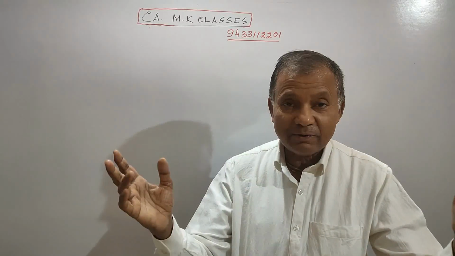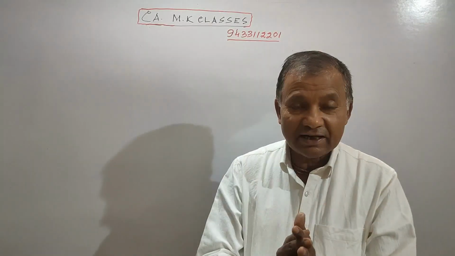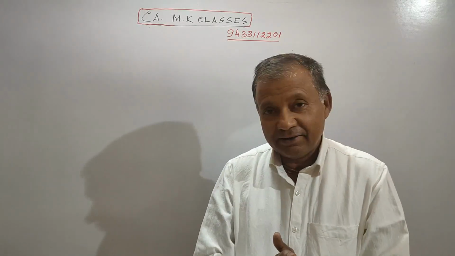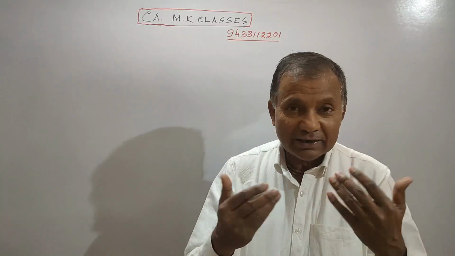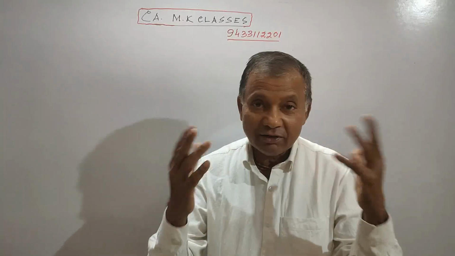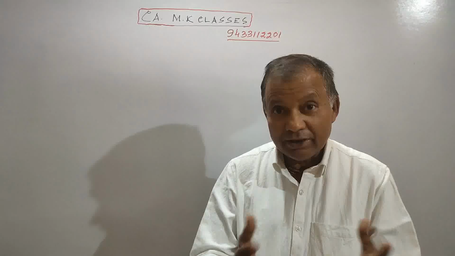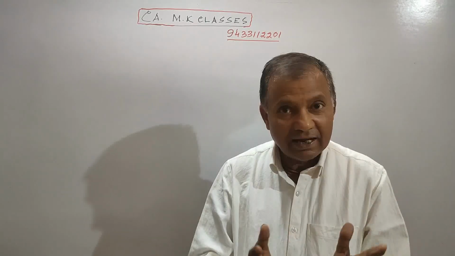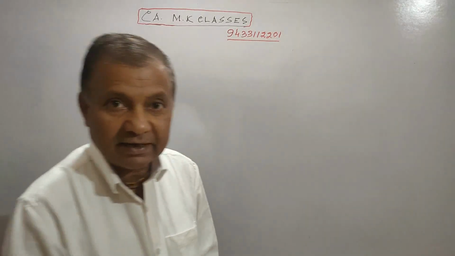The format of this cash flow statement is given in Accounting Standard 3, and this accounting standard has also been revised. We will try to solve all the problems, and we shall also know what a cash flow statement is in this particular class. So let us start with the cash flow statement.